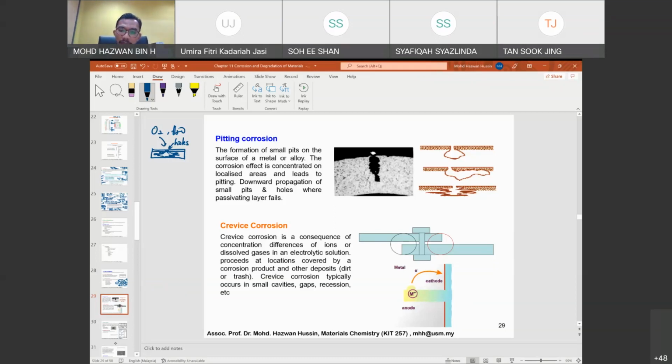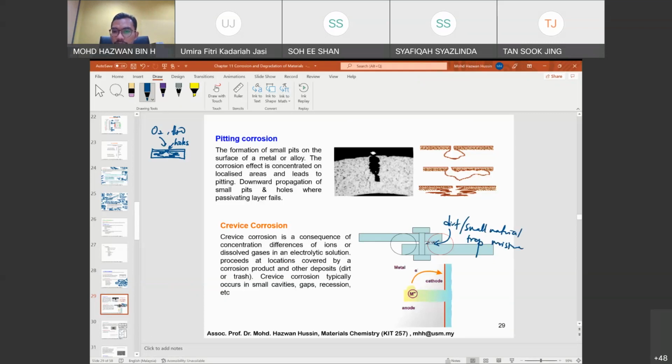You have maybe a connector between one end and another end. This material is being joined together using a bolt or screw, and you have a gap. This gap can trap dirt or other small material, which could be porous and easily trap water or moisture.